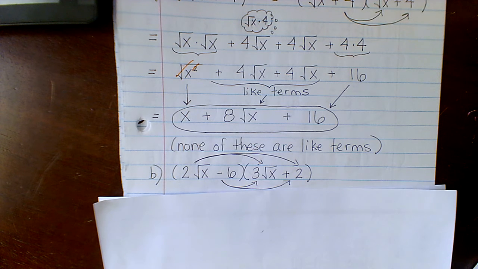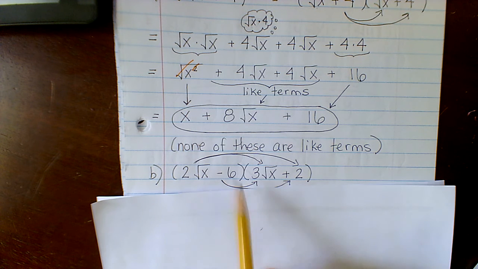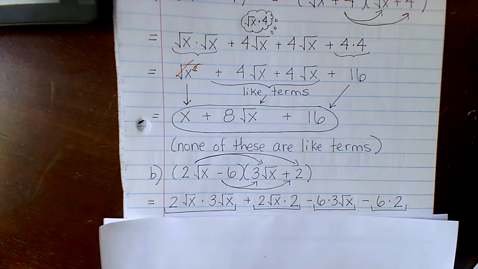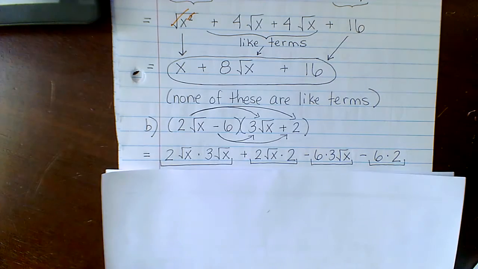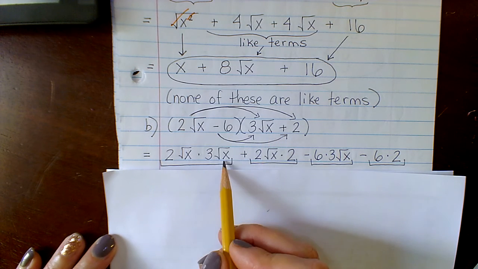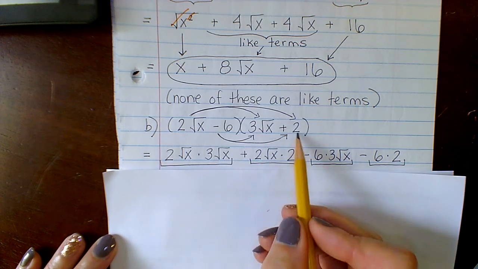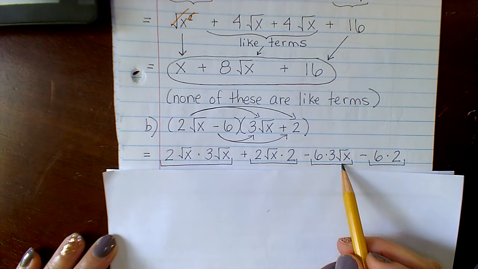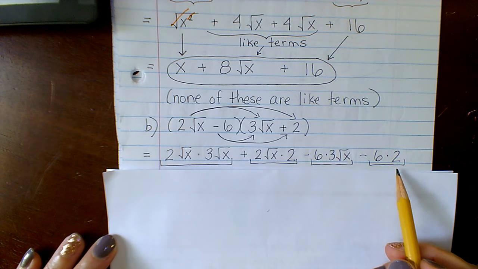I would advise you to pause the video here and see if you can distribute this out and then combine the like terms. So pause the video and try this one ahead of me. Don't just watch me do it. You can participate too. All right, so if we distribute this out, we're going to get 2 root x times 3 root x, 2 root x times 2, minus 6 times 3 root x, and then minus 6 times 2.